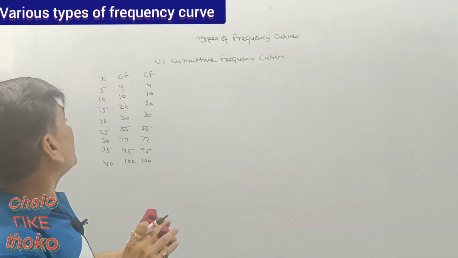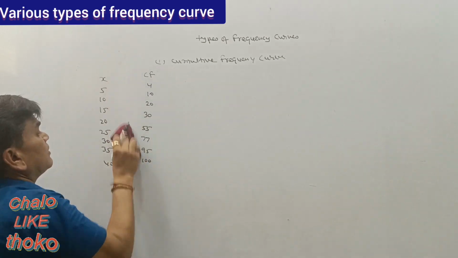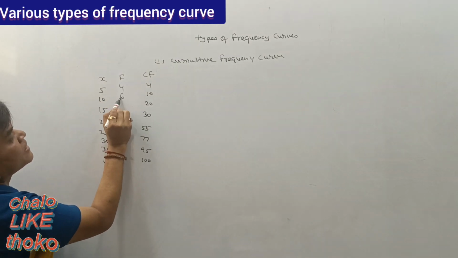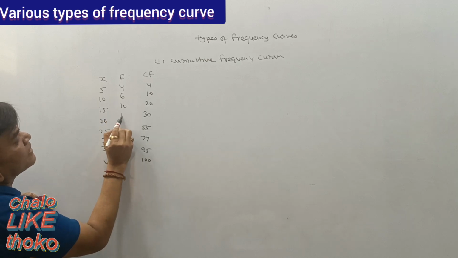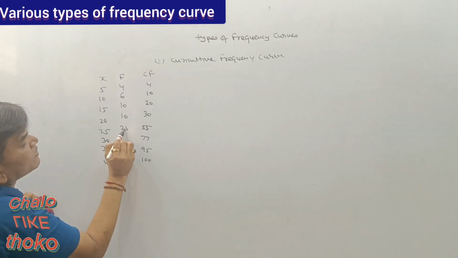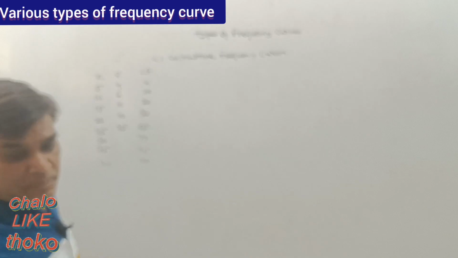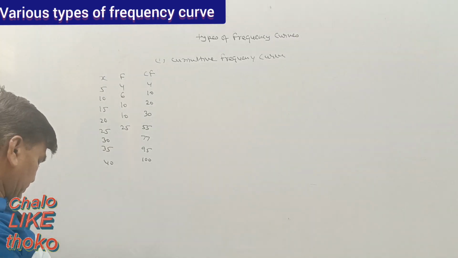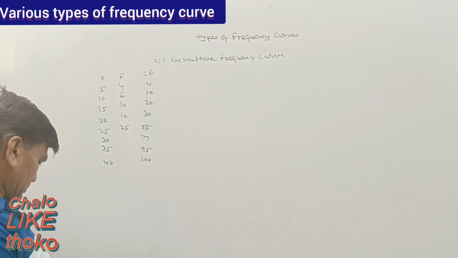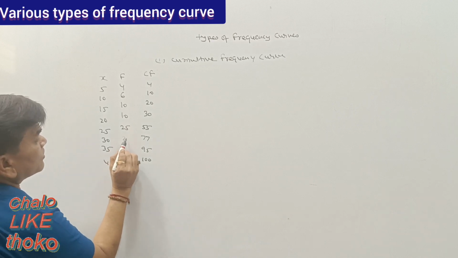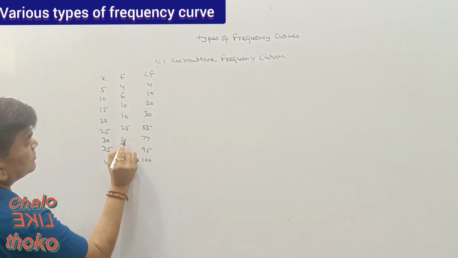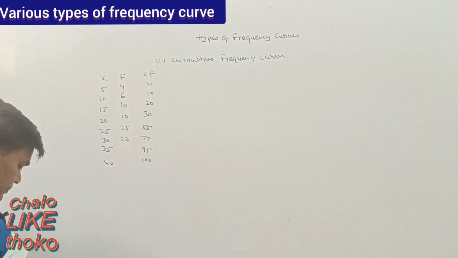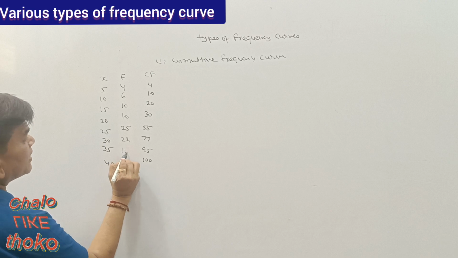So the frequency will be 4, 6, 10, then 25. 77 minus 55 is 22. 95 minus 77 is 18, and 5.